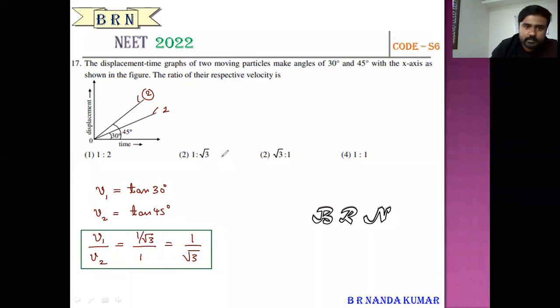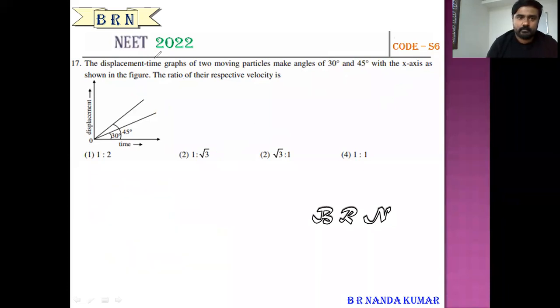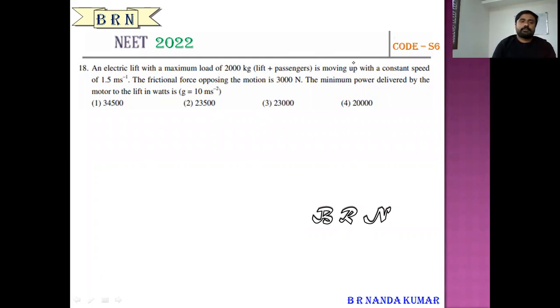Right answer is option 2. 1 is to root 3. Look at the next question.